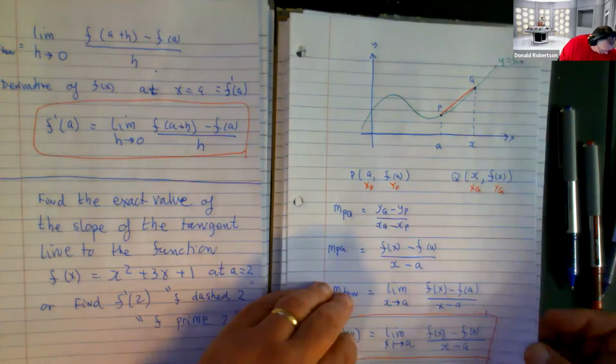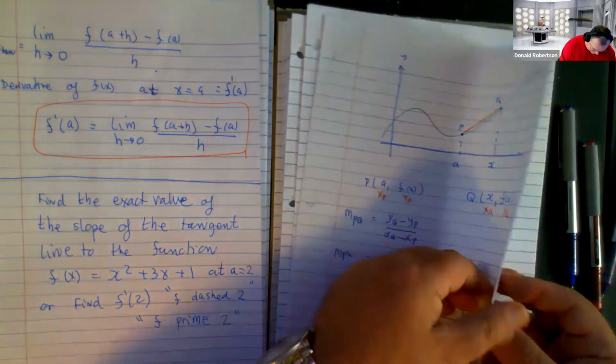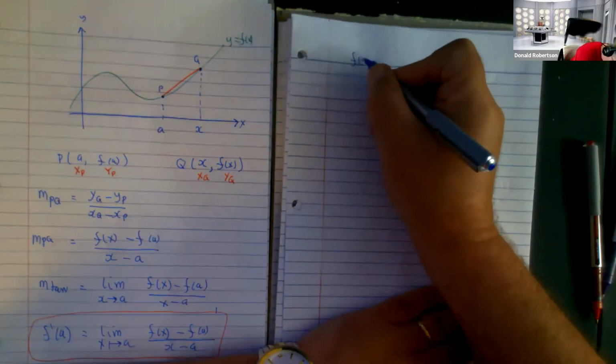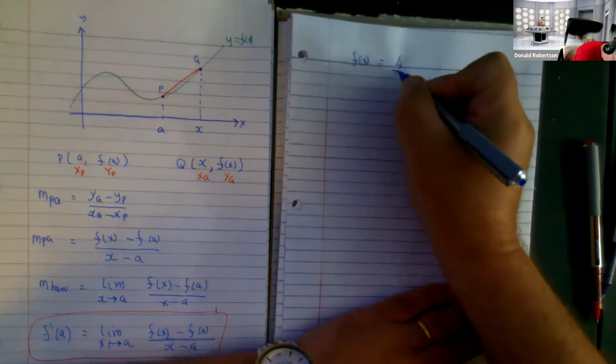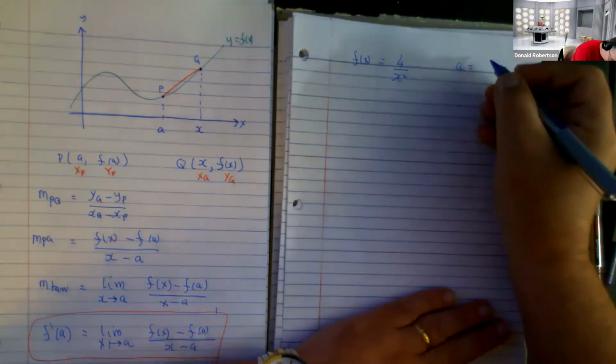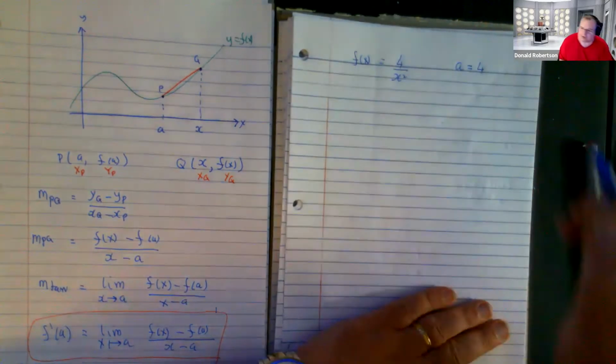So let's have a shot at that fraction question that we were doing a minute ago. So we had a function that was 4 over x squared, and we were going to evaluate it at x equals 4, wasn't it?